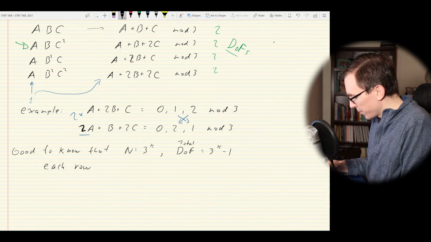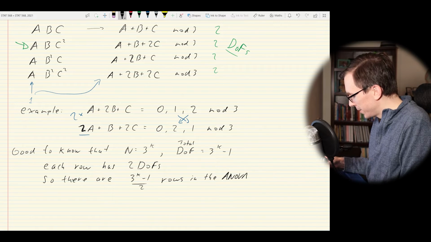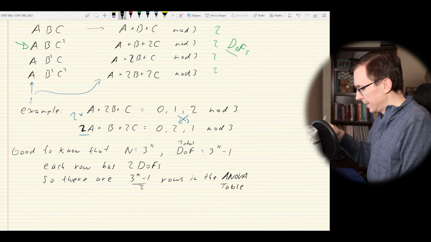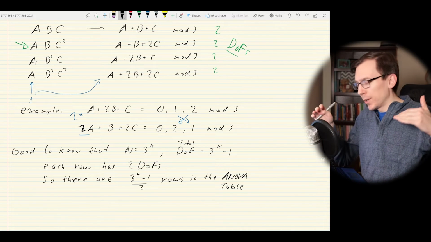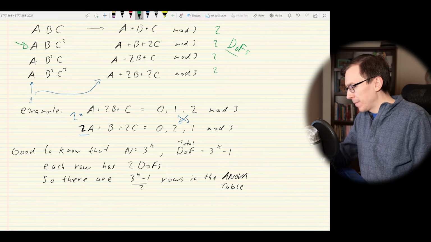Each row has 2 DOFs, so there are 3 to the k minus 1 divided by 2 rows in the ANOVA table. That's assuming that you break up all of the interactions into their constituent pieces.